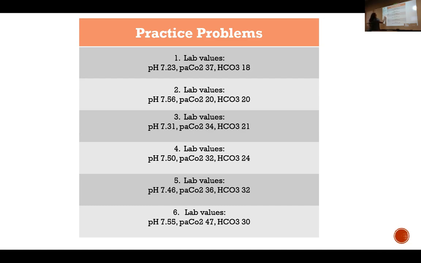And then what's our other lab value? Our bicarb. It's a 20. Where does it go? Do we have a tic-tac-toe here? Great. What does that say? How do we interpret that? This makes it respiratory, and this makes it alkalosis.